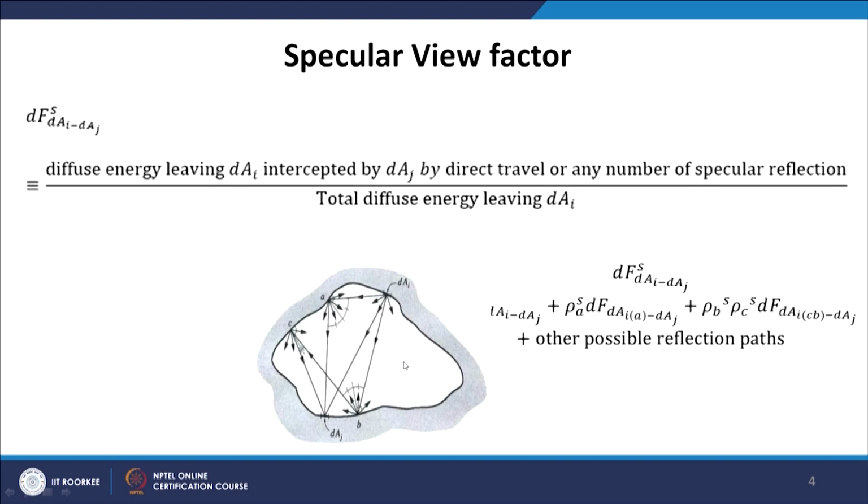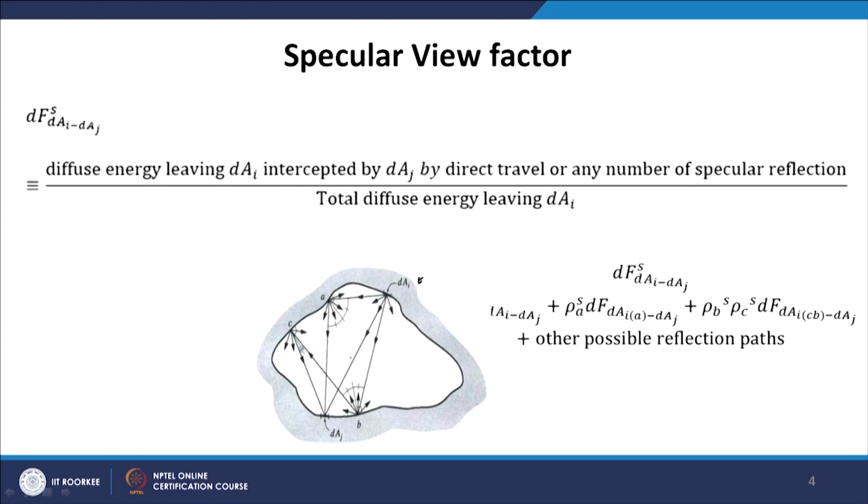So, as is clear in this image, let us say we have a surface dAi. Energy is leaving diffusely in the entire solid angle 2 pi.